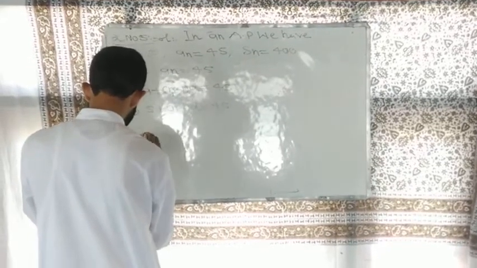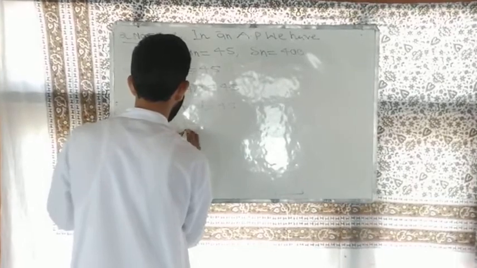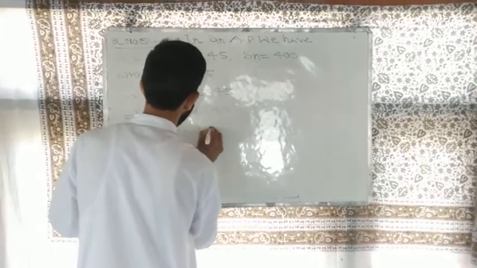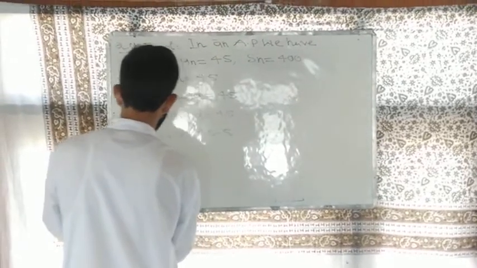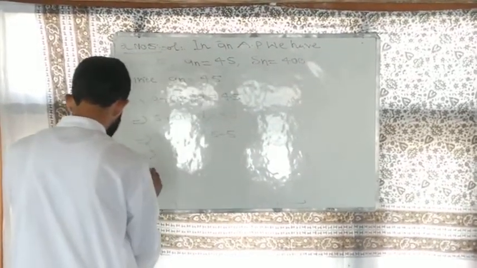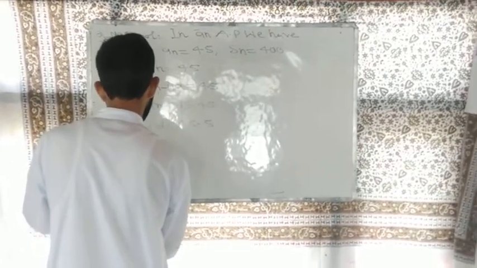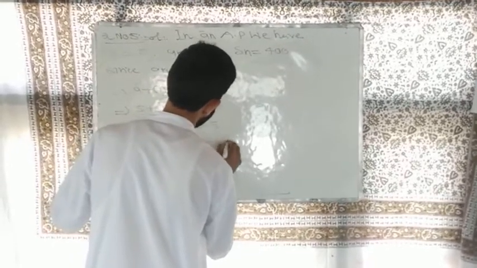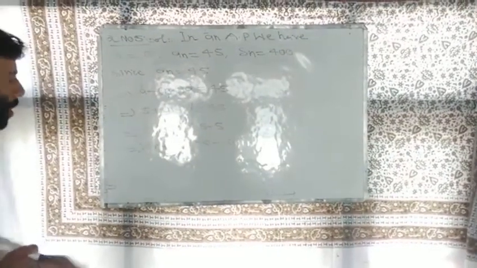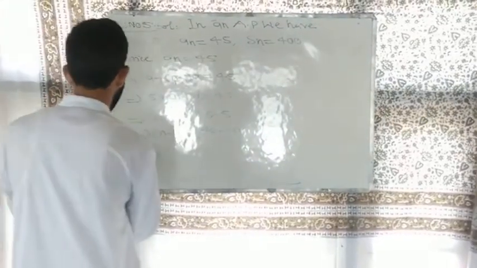This simplifies to (n minus 1) D equals 45, and transferring 5 to the right side gives minus 5. This implies (n minus 1) D equals 45 minus 5, which is 40. That is our first equation: (n minus 1) D equals 40.